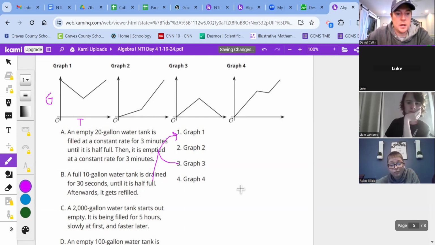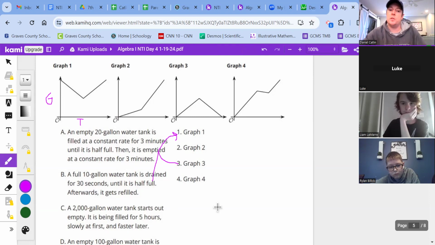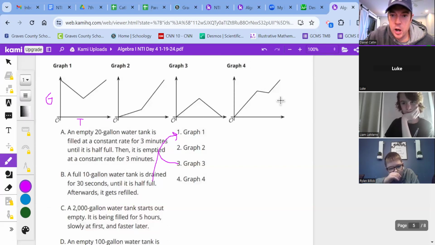All right. 2,000 gallon water tank starts out empty. It's being filled for 5 hours slowly at first, and then it gets faster later. We're looking for a change in slope, and that would be graph number 2, right here. And the reason why it's not graph 4 is because there's a drop, right?